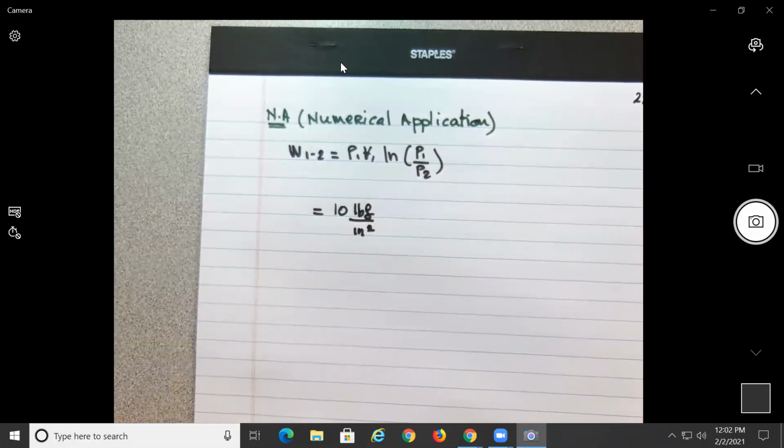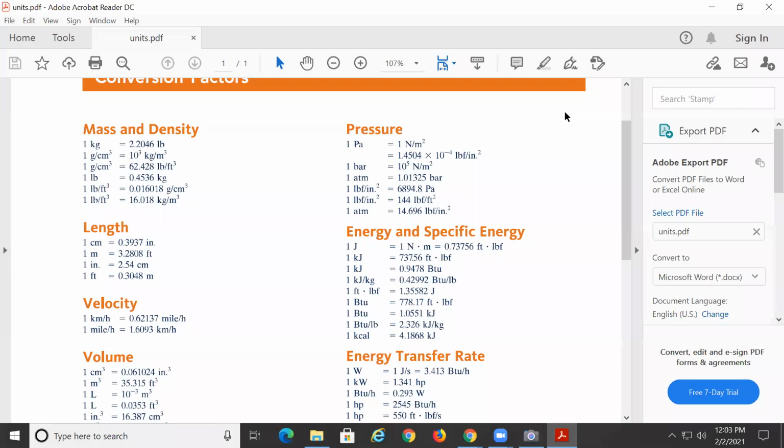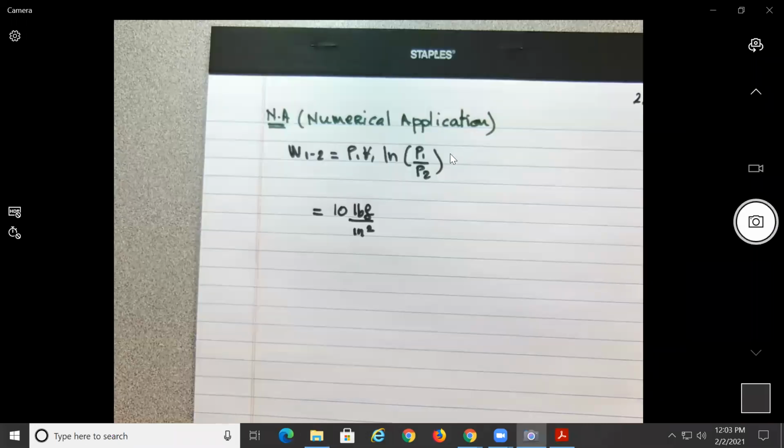So they ask us to work in BTUs. So we know the BTU is foot pound force. So that means we need to keep the feet in the calculations. So let's go back over here. So we need to transform then the inch square into feet.